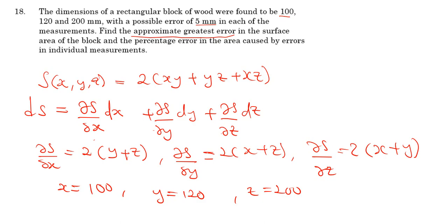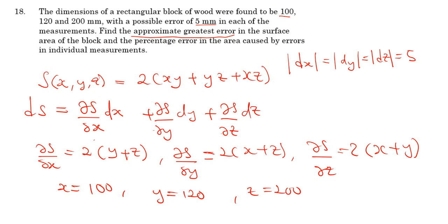So this is the same for all of them. Taking the modulus of dx, dy, and dz, they're telling us it's 5 millimeters. Why did I put the modulus there?